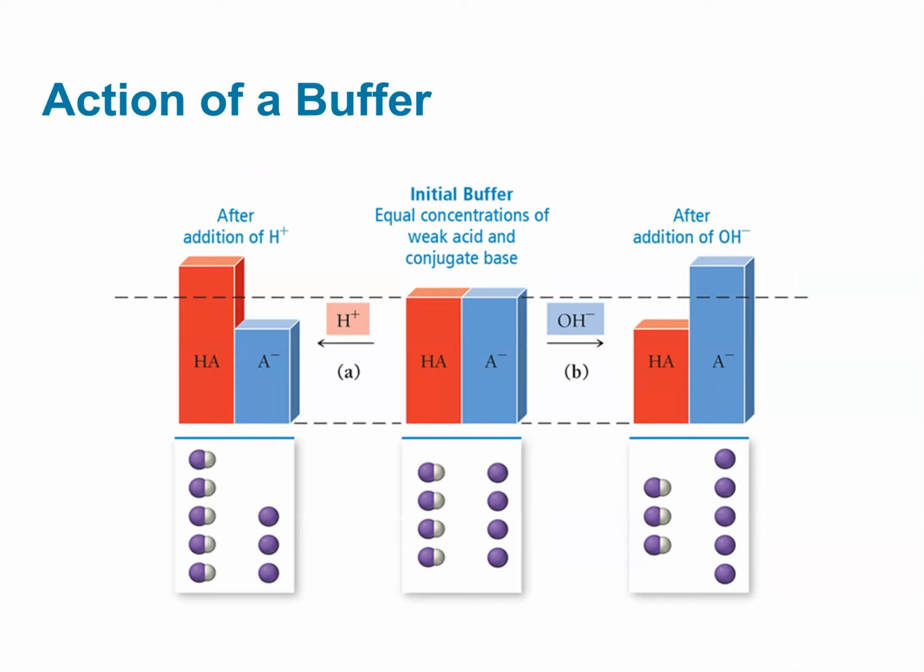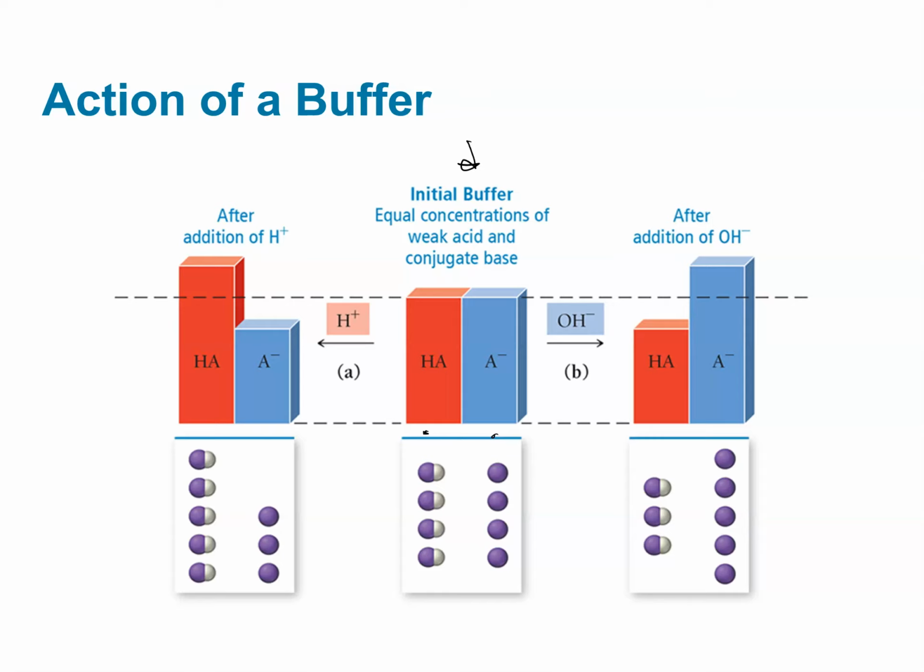So, to take a quick step back, action of buffers. Remember, whenever you have an initial buffer concentration where you have equal concentrations of weak acids and conjugate bases, like you see in the middle here, you're going to have that balance where you're going to have your weak acid molecules, which are protonated with those little gray dots on the side of the purple, and we have our conjugate base, which are deprotonated.